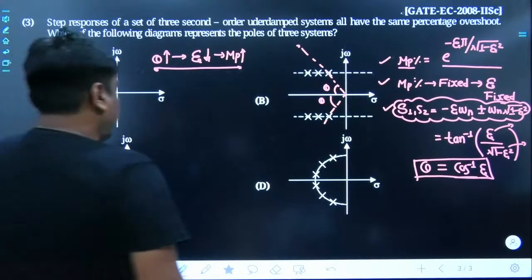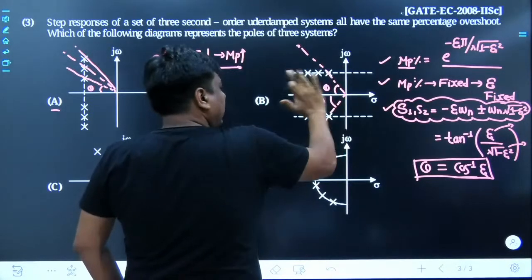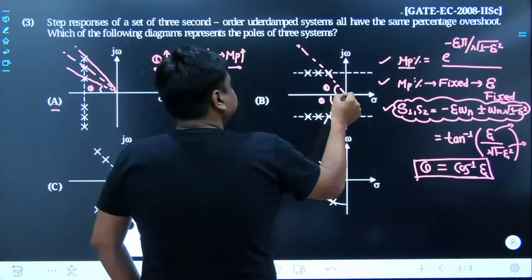Yes, sir. In the same sequence, now the complex conjugate pole keeps shifting towards the left hand side. In that case, what would happen?